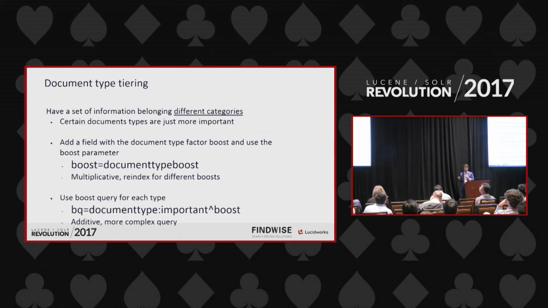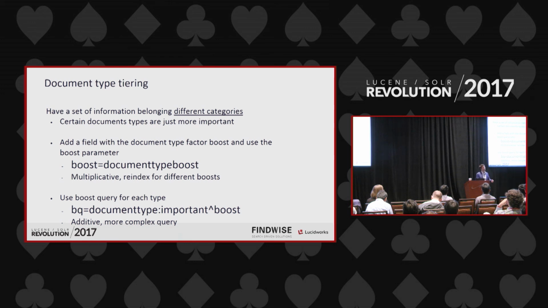Then we have the document type tiering. Whenever we have very varied types of documents, meaning we have a very big enterprise search that gets all the documents from collaboration sites, all the general distribution information, the food menu, the vacation slides, all these things, obviously they are not as important as each other.